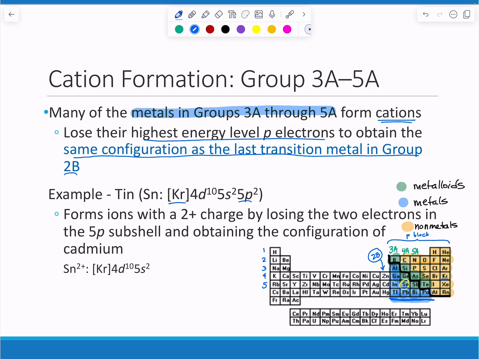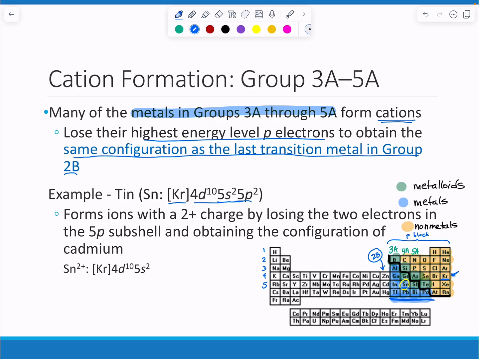That's there. But then we also know that everything below that has to be filled. And so that's our 5s electrons. And if you recall, our 4d is also going to have to be filled. So krypton does not have d electrons or 4d electrons.